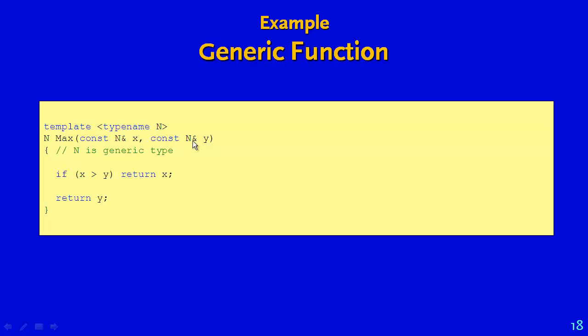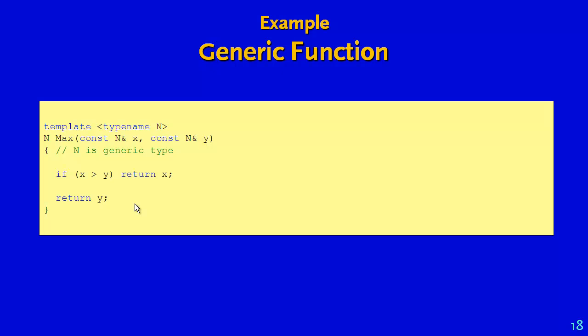I've got x and y, which are two N's. And I want to find the max. The return type is either x or y, so the return type is an object of type N. I say if x greater than y, I return x. Otherwise, I return y. So that's fairly easy. So you see here, the contract really is, you look at the code now, you see the operator, this is a binary operator, x greater than y.